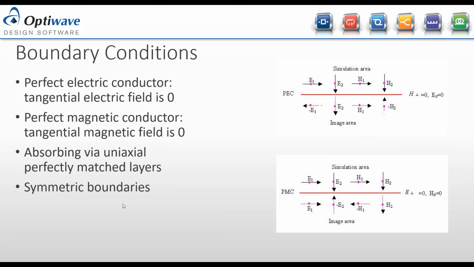So I showed this same type of slide in the FDTD introduction, where I explained the boundary conditions used in FDTD and also in the mode solver. 2 of the main boundary conditions there are perfect electric conductor and the perfect magnetic conductor. Right, the perfect electric conductor forces the tangential electric field to 0, and the perfect magnetic conductor forces the tangential magnetic field to 0.